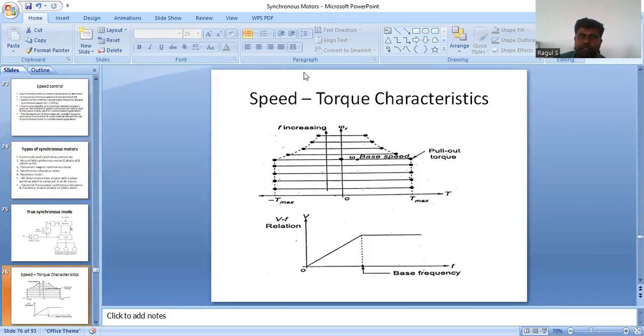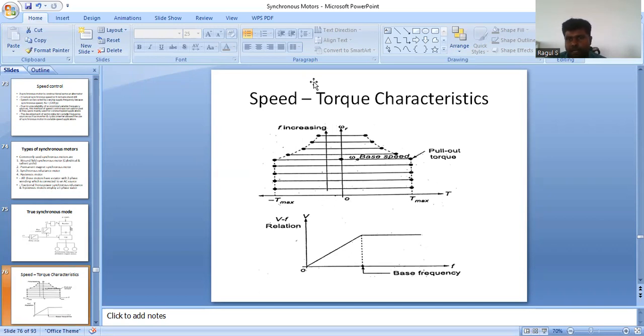In the speed characteristics, when the frequency value is very minimum, for example 0.1, the frequency and the voltage are directly proportional.